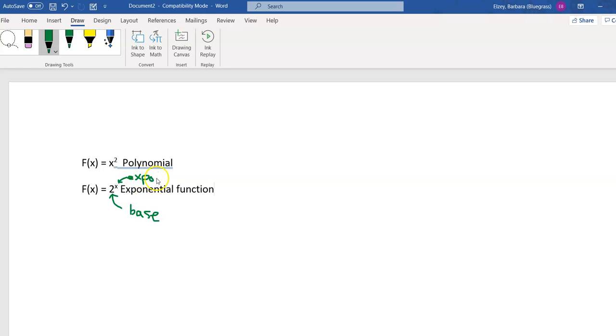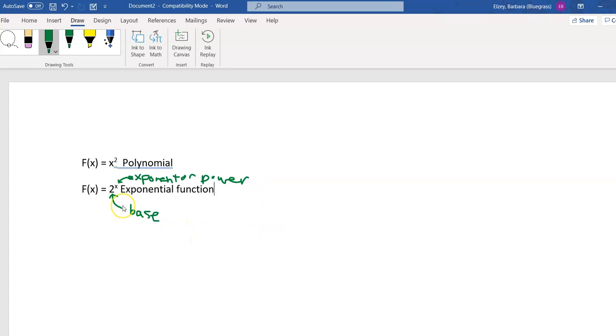And of course our exponent in an exponential function will have a variable in it. Okay, so exponent or power.